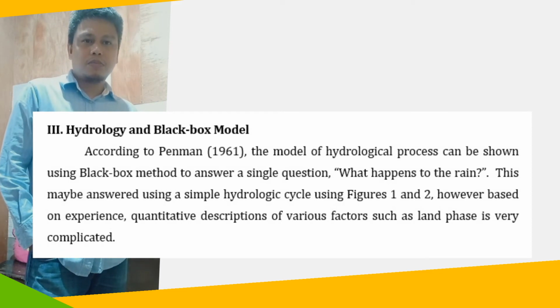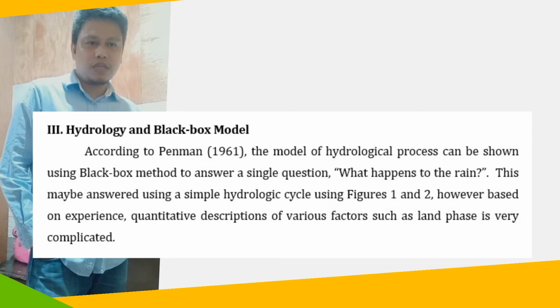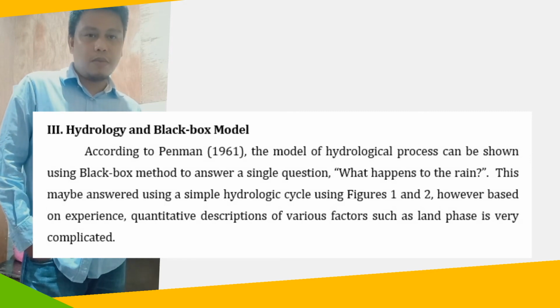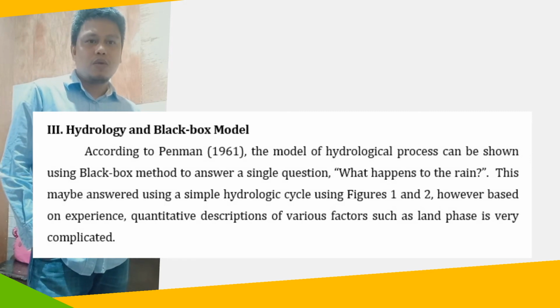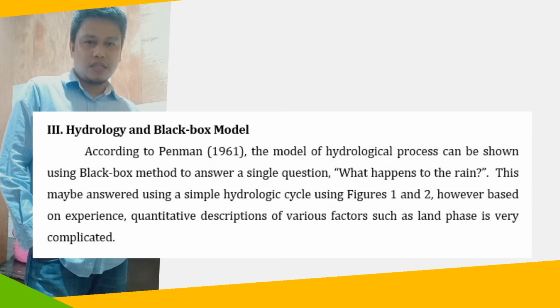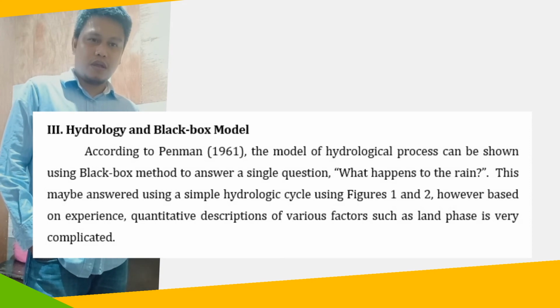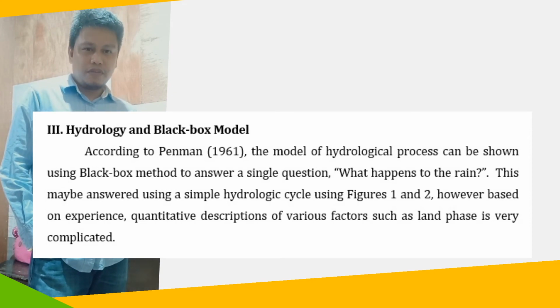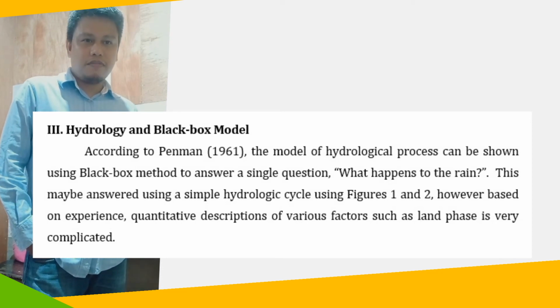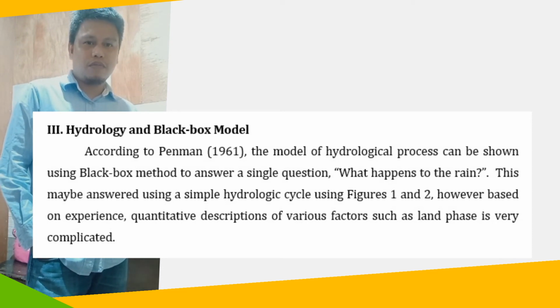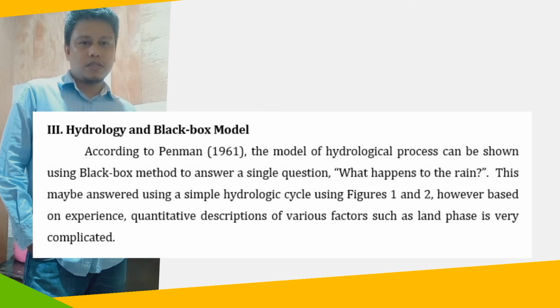Most black box models are focused on watershed hydrology, which is a branch of hydrology that deals with the hydrologic processes at the watershed scale to determine and understand the laws that rule the watershed. By definition, a black box model is a fitted mathematical representation of a system without regard to processes.